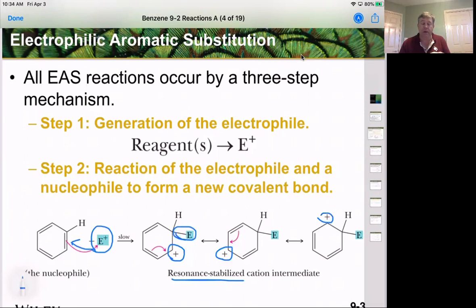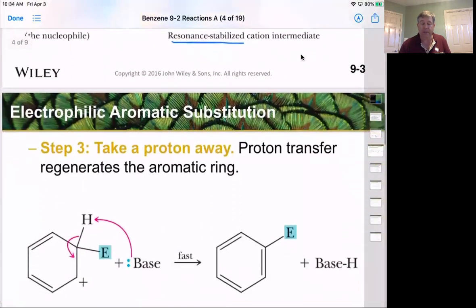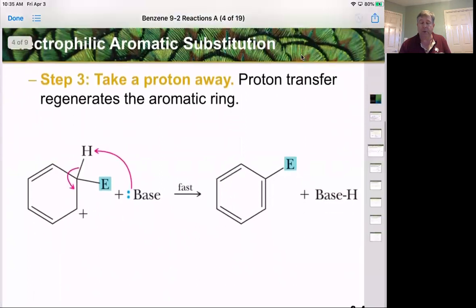This is also our slow step, the attack by that electrophile to generate this initial sigma bond and form this delocalized cation. That means the next step is our fast step, where our proton leaves. Our proton is transferred, typically to something in the reaction that will act as a base.